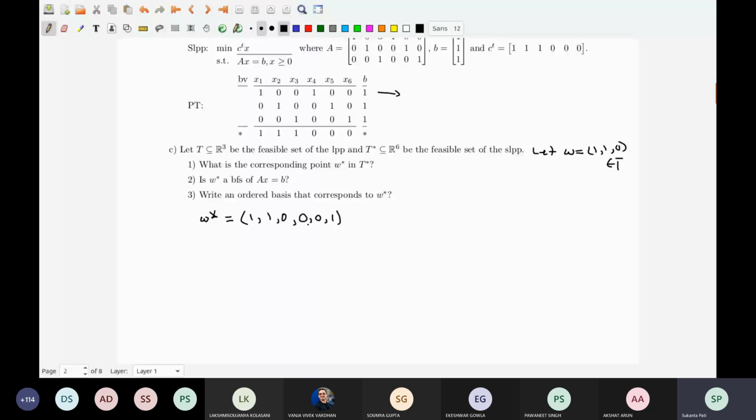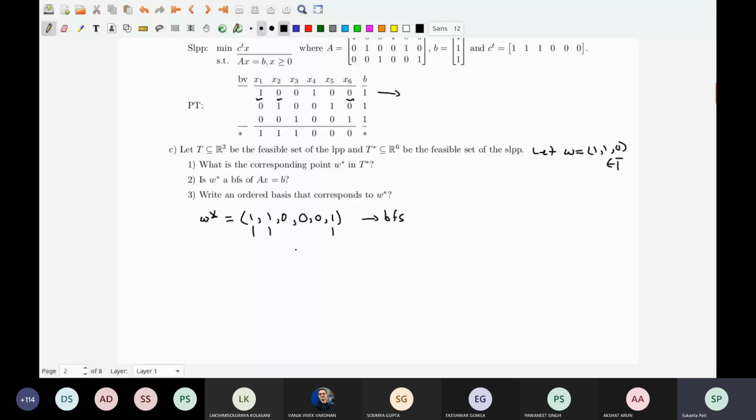And look at the columns of A corresponding to the positive entries. That is the first column, the second column, and the sixth column. Are they linearly independent? Yes, they are linearly independent, so it corresponds to a BFS. That means it will correspond to a vertex of T star.